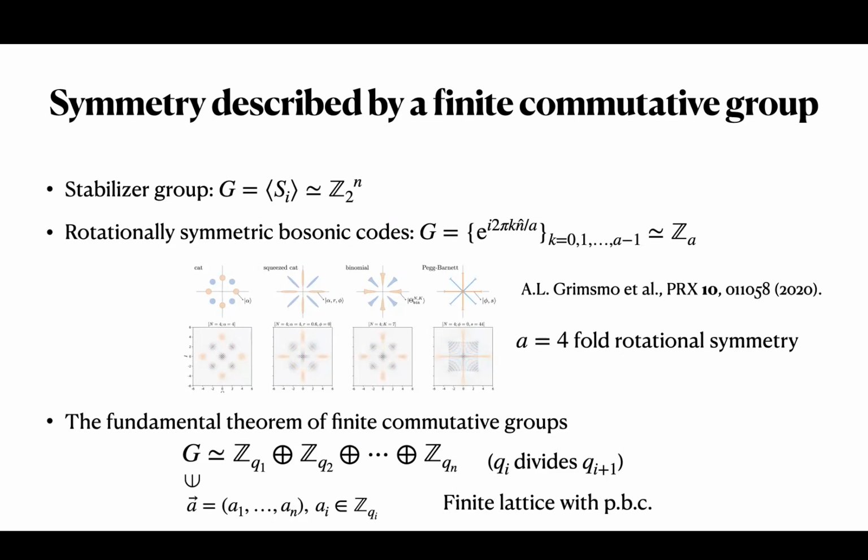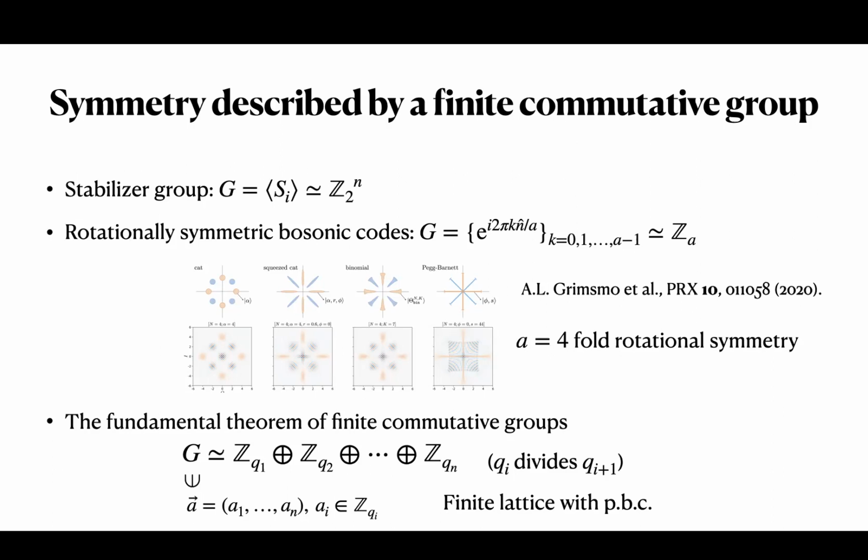Here, the symmetry is isomorphic to ZA. So this means that we consider states with A-fold rotational symmetry. These fixtures correspond to the four-fold rotational symmetry. And in general, any finite commutative group has a canonical form like this. This is known as the fundamental theorem of finite commutative groups.